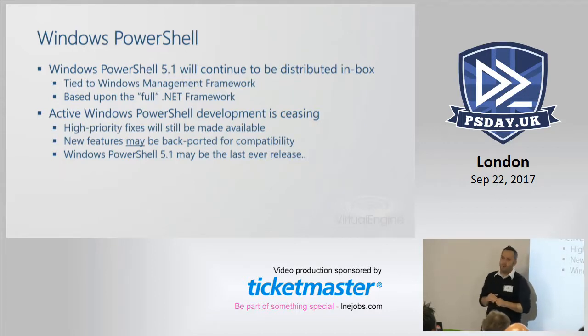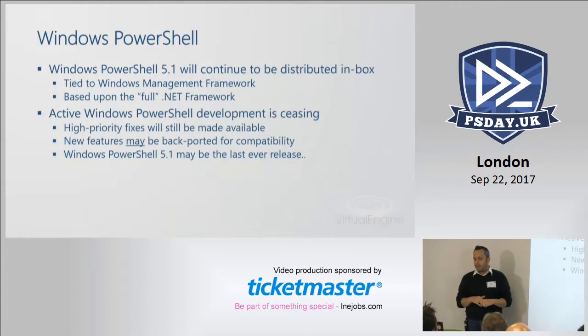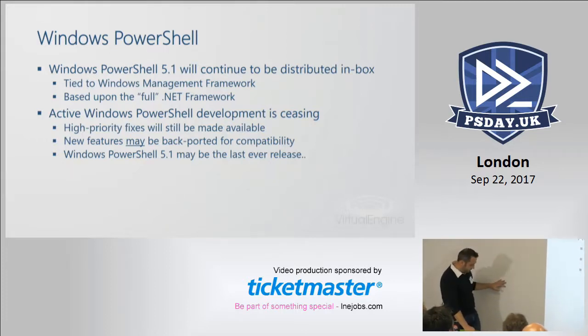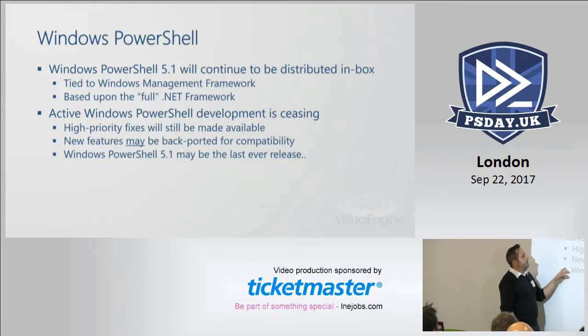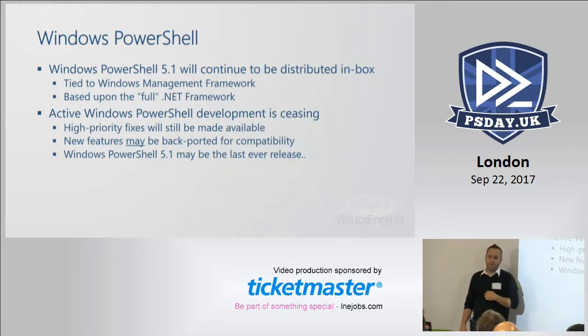They've said that high priority bug fixes will obviously be made available. New features may be backported into the full Windows PowerShell that you know and love, that's bundled with Windows. But PowerShell 5.1 might be the actual last release of Windows PowerShell.